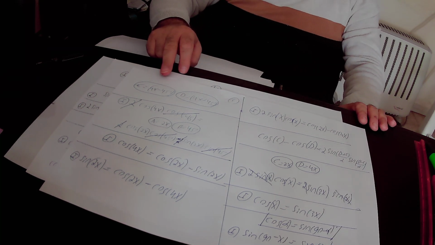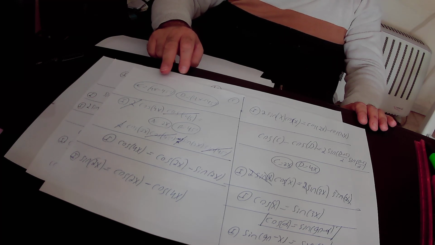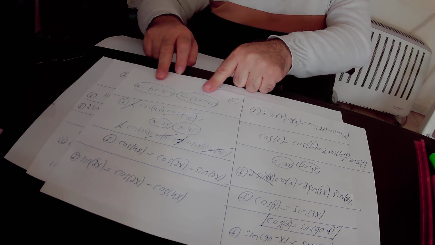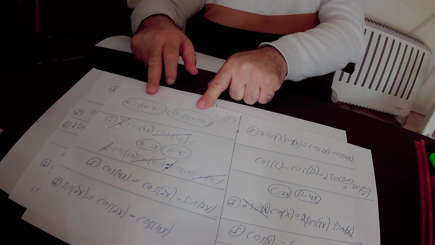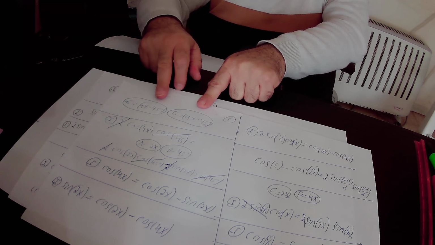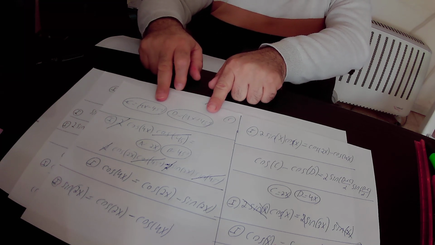So it equals 2 cosine of C plus D over 2. C plus D here is 4x plus 4x, which is 8x, 8x over 2 is 4x, and minus 45 degrees plus 45 degrees is 0.